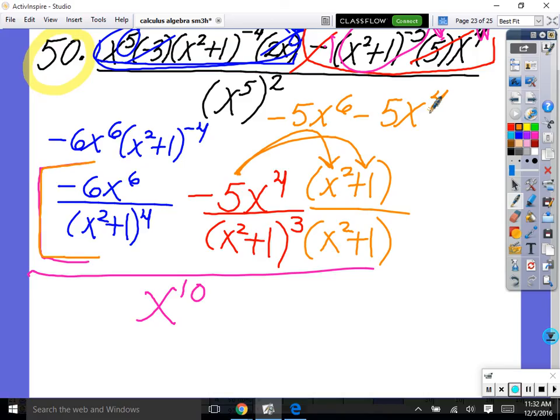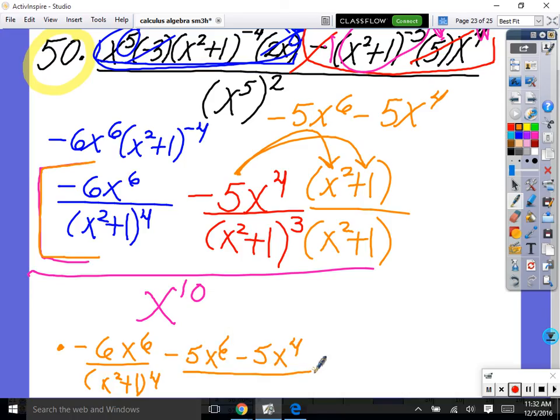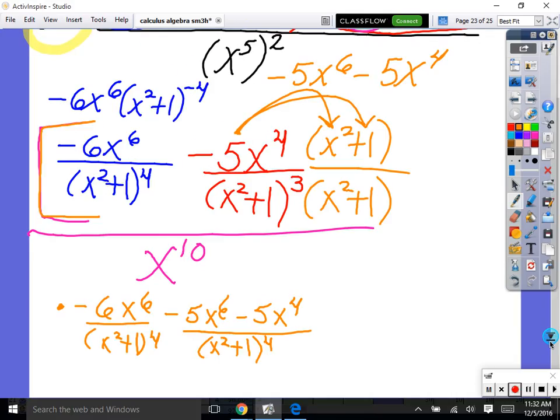Okay, so I'm going to show my work here so nobody gets too confused, hopefully. Right now we have negative 6x to the 6th over x squared plus 1 to the fourth, then we have minus 5x to the 6th minus 5x to the fourth, and that's all over x squared plus 1 to the fourth. Does everybody see where I'm at?